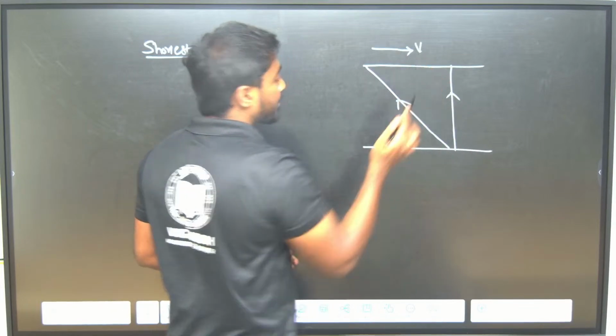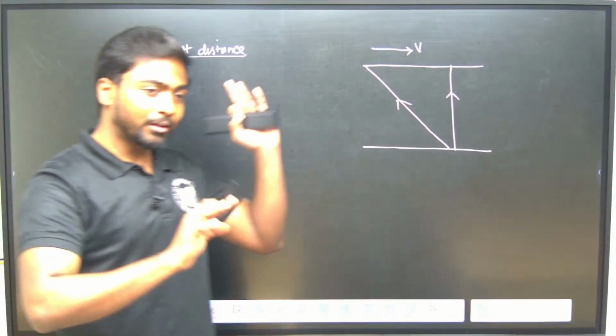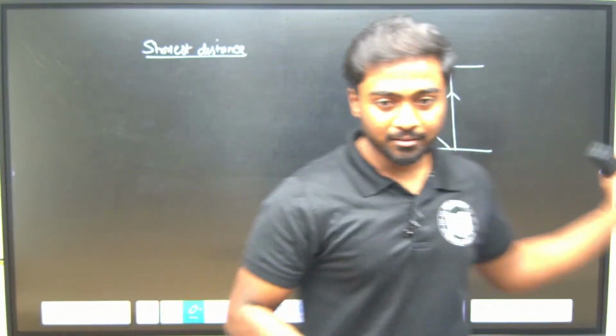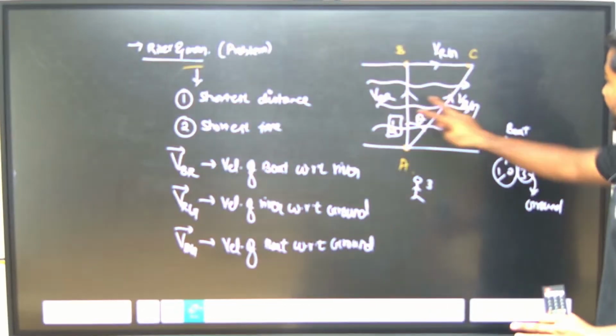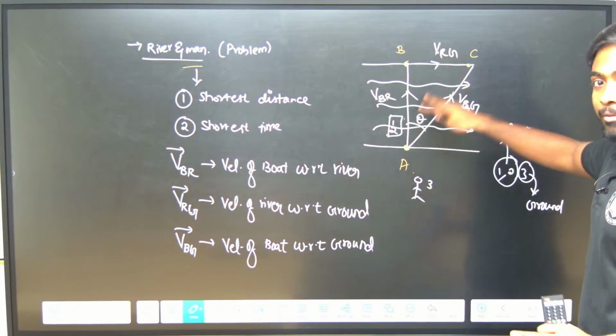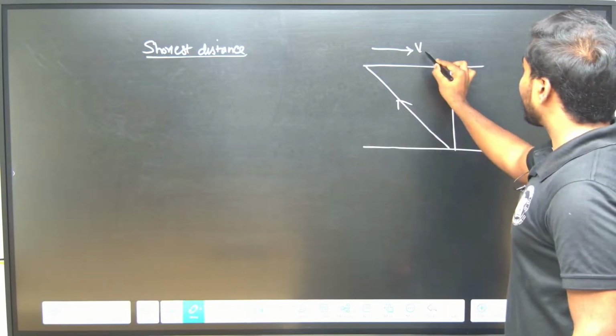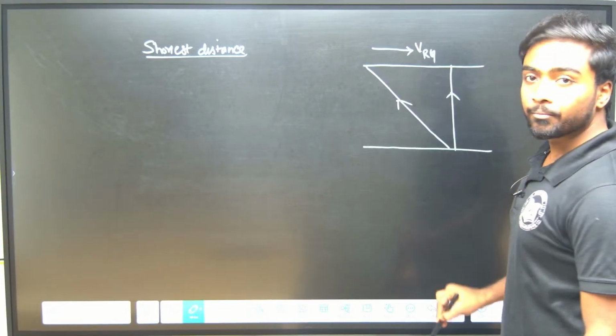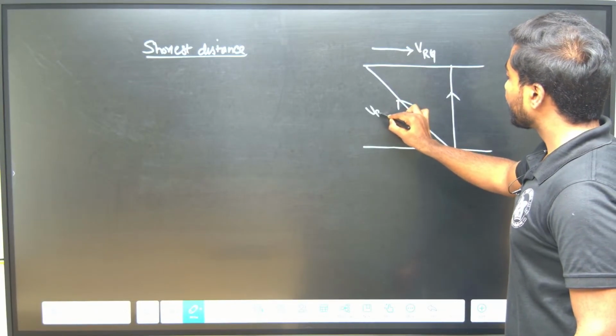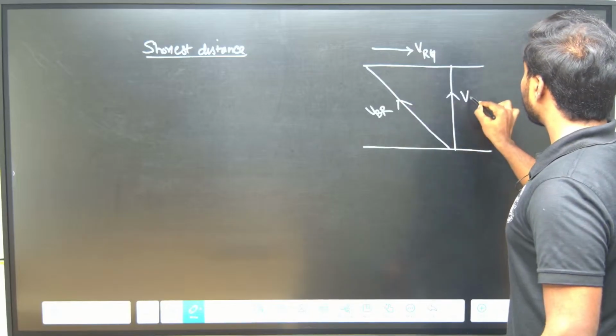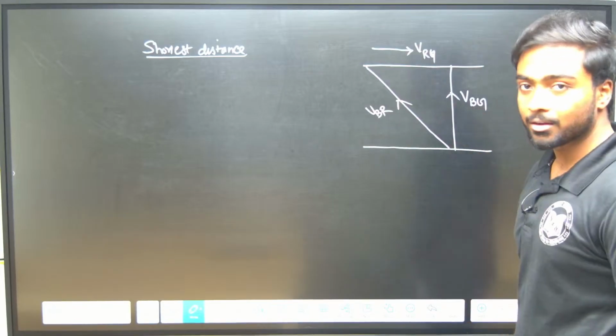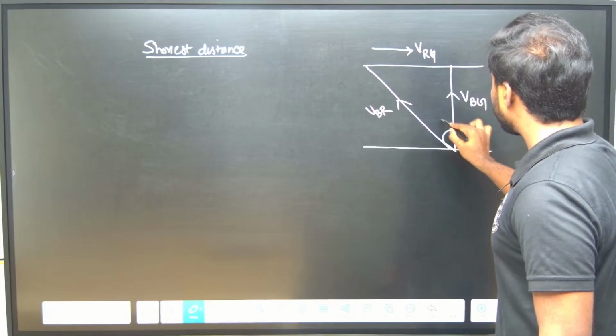Whatever variables we took in the previous slide, the same we are using here: velocity of the river with respect to ground, velocity of the boat with respect to river, velocity of the boat with respect to ground. This is my angle theta.